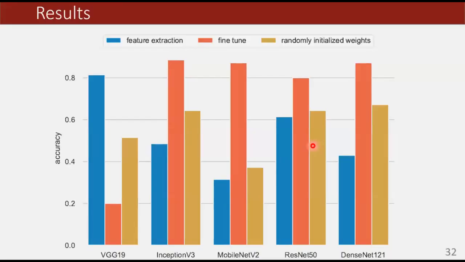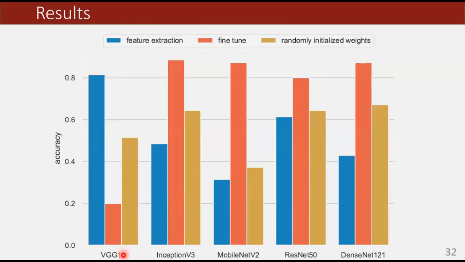And this is a summary of the experiments we did with that data set. And I'm going to walk you through it again. So feature extraction and fine tune are these two different ways of transfer learning that I just mentioned. Randomly initialized weights is the traditional training, when we have a model that was set up with random weights, right?